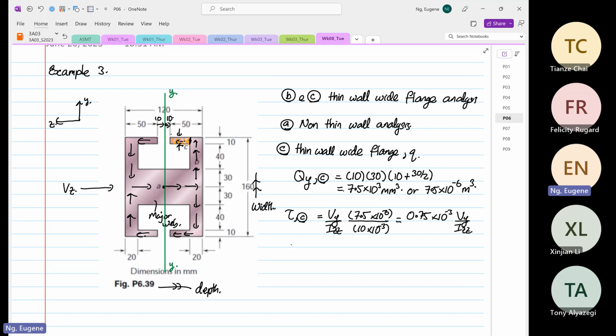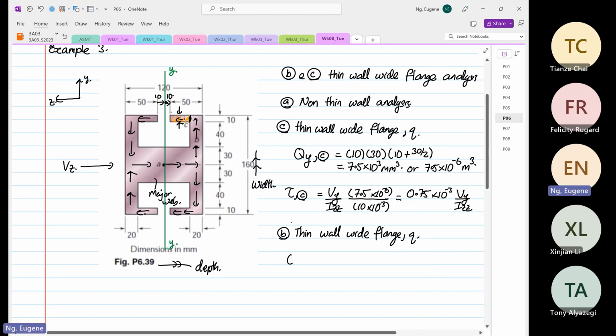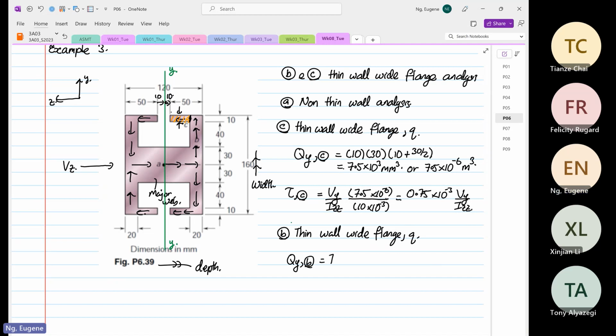Okay. Then again, we look at point B. Okay, point B, likewise, we will use thin wall, wide flange. So again, it's Q. So Qy at point B now. So we know that this will be equal to 7.5 times 10 to the power of 3, plus.